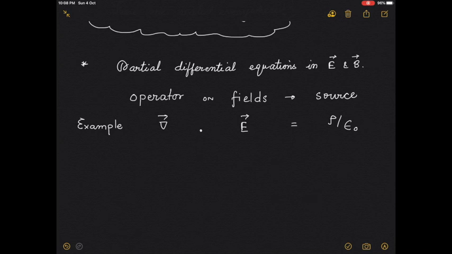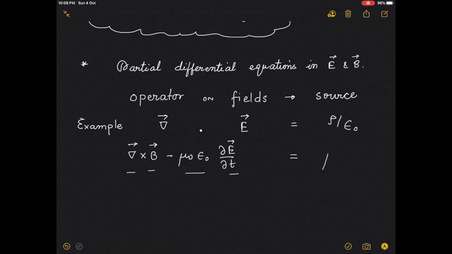Similarly, I can write the other example, which is curl of B minus mu 0 epsilon naught del E del t. So that is operator on field, but different operators operating on different fields.